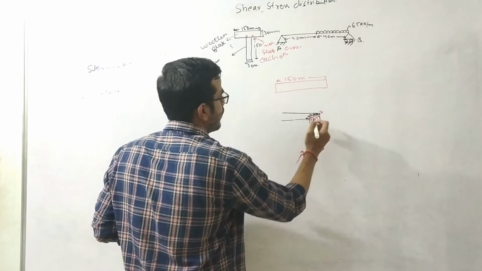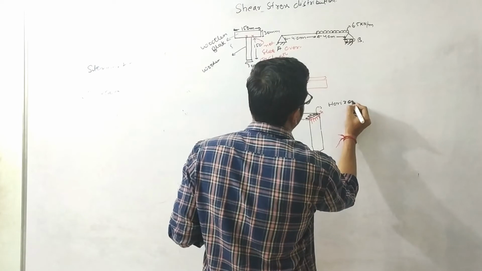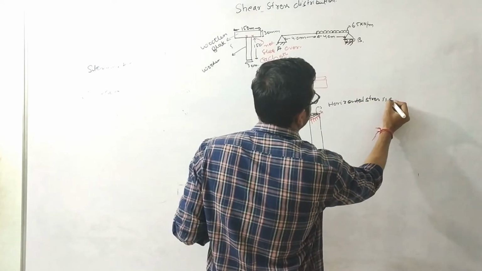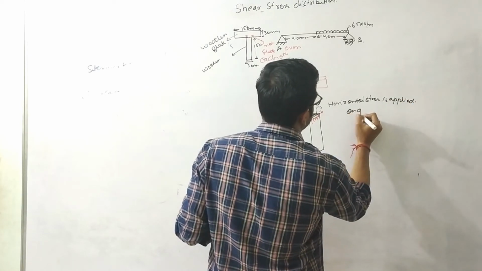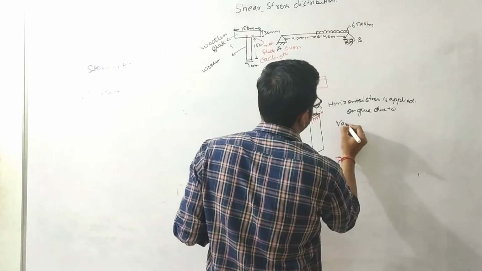So this horizontal stress is applied on the glue, due to variation in bending moment.